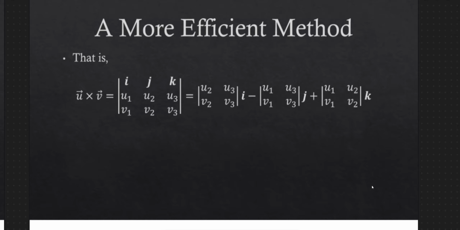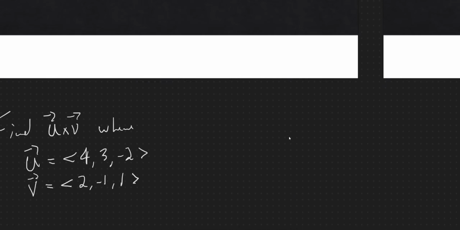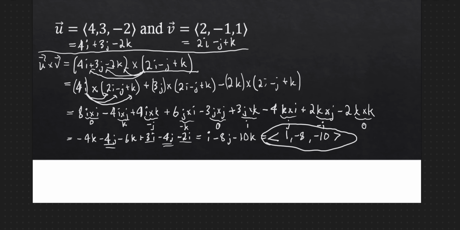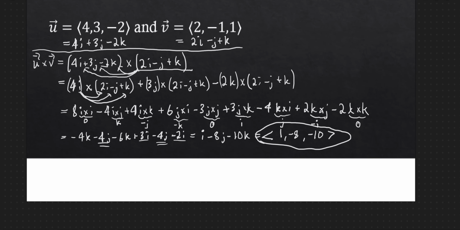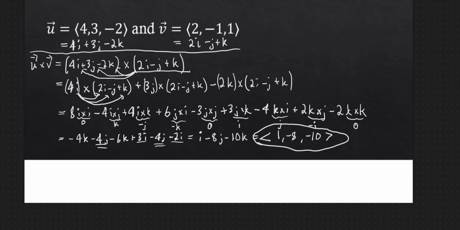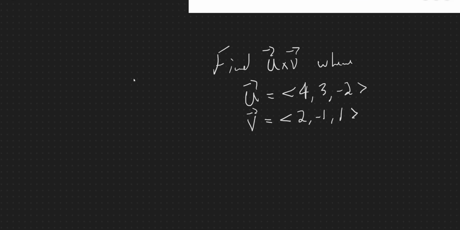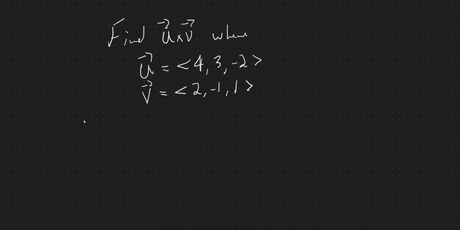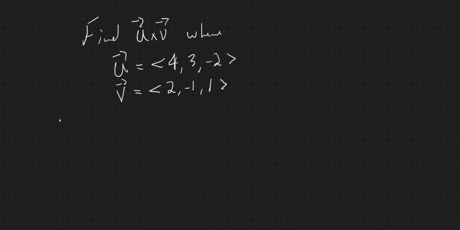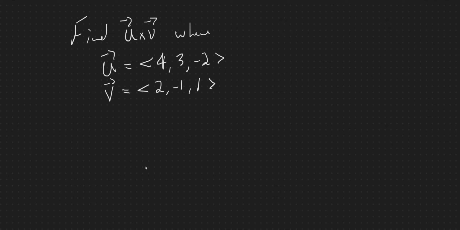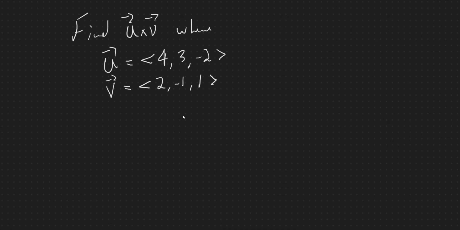All right, let's apply this. We're going to do the same two vectors that I did in the last video, u cross v. We're going to check our answer a bit and also demonstrate this new method. So first thing I do when I'm setting up this cross product is write down that 3x3.